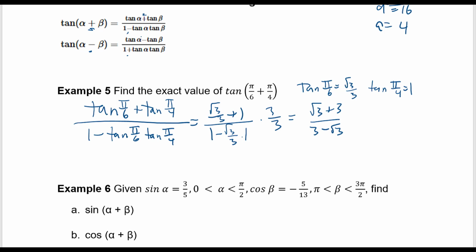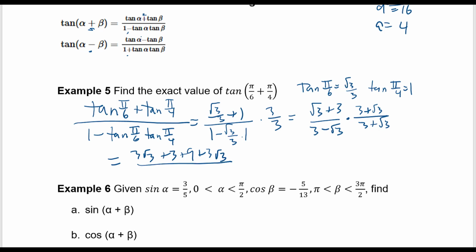So now I'm going to multiply by the conjugate of the denominator. So I'm going to do 3 plus the square root of 3 over 3 plus the square root of 3. That'll give me the square root of 3 times 3, so 3 root 3, plus 3, plus 9, plus 3 root 3. I just FOILed that out.